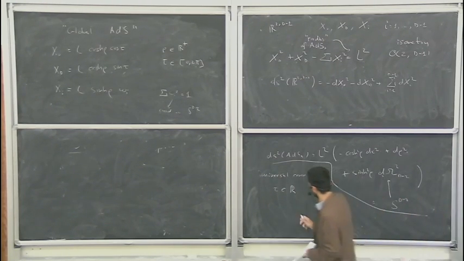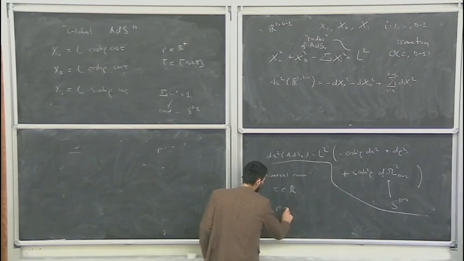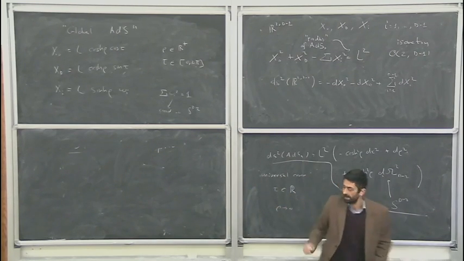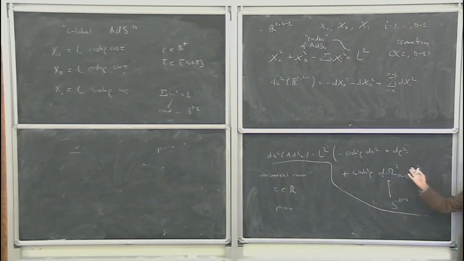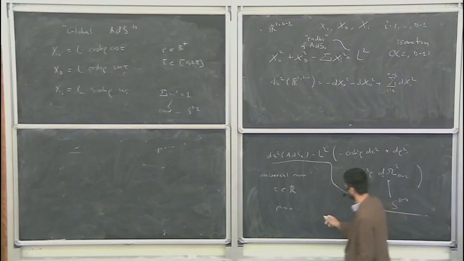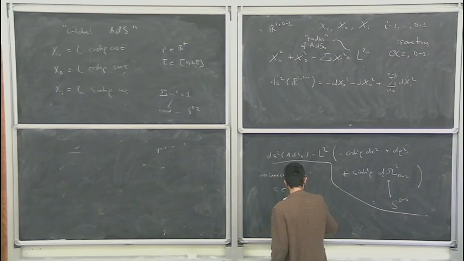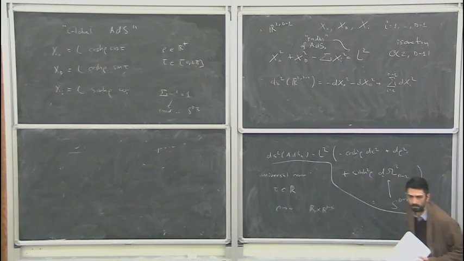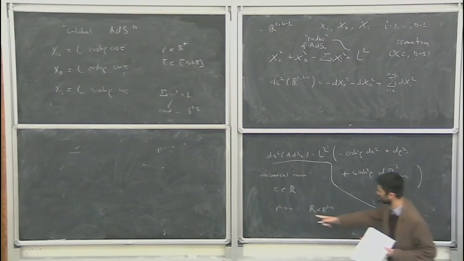So you can check that when rho goes to 0, the metric is smooth and completely regular. And in fact, the topology is that of R times R^(d-1) near rho equal to 0.